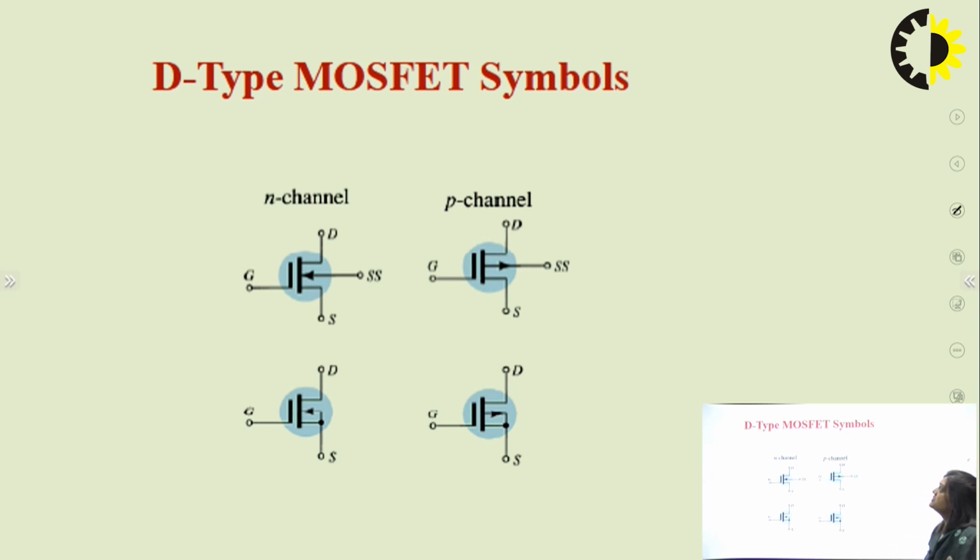So this is the symbol for the depletion type MOSFET. Here we can see the gate is insulated from the channel. There is no connection. This part is the channel and this is the gate. So gate and channel both are insulated, both are isolated here. And here also the gate and channel are isolated.